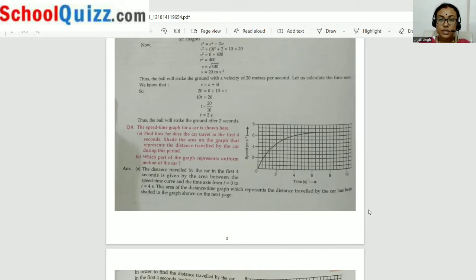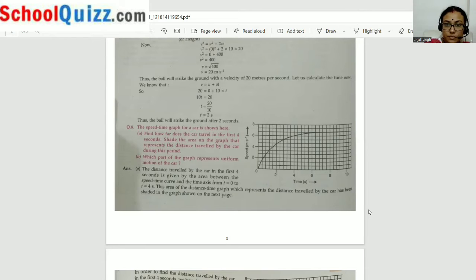So you have to shade the area. The shaded area represents the distance traveled by the car during this period. Here, the distance traveled by the car in the first 4 seconds, the time is 4 seconds.